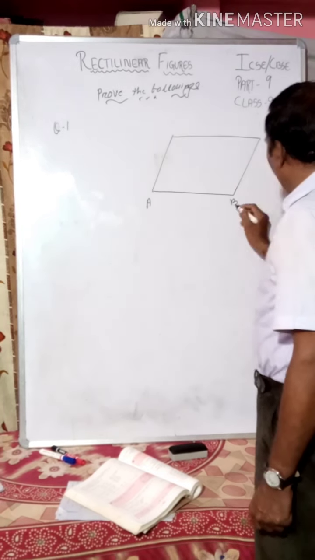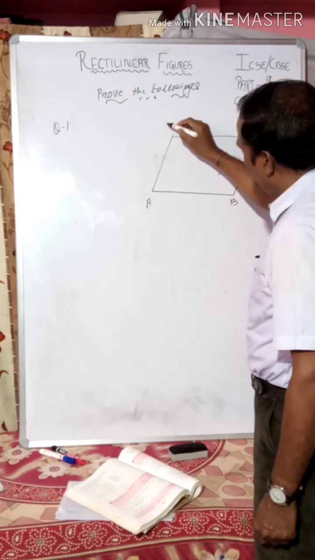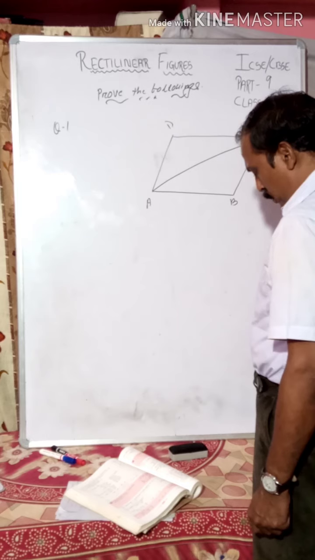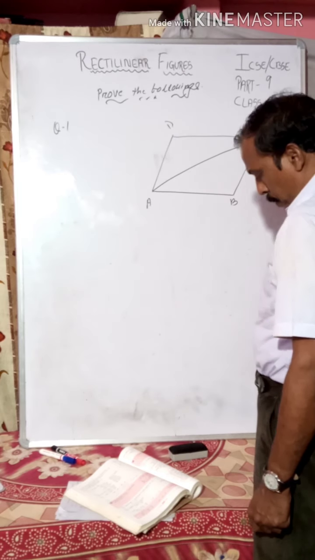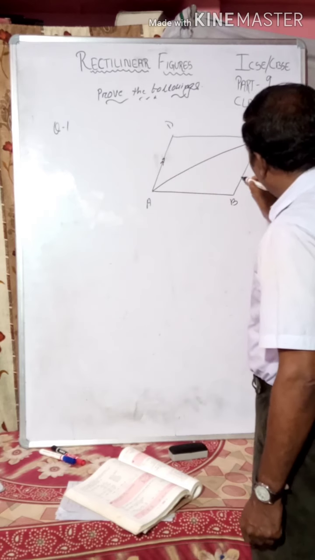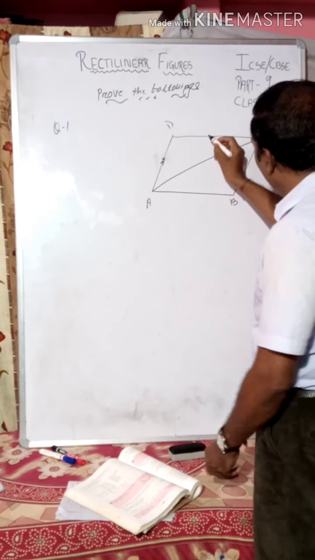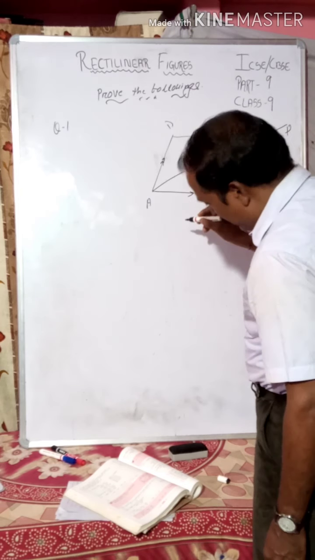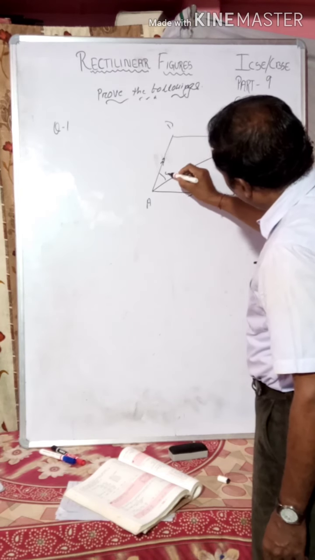AC diagonal is produced up to P. As this is a parallelogram, AD is parallel to BC and AB is parallel to CD, and this angle is 50 degrees.